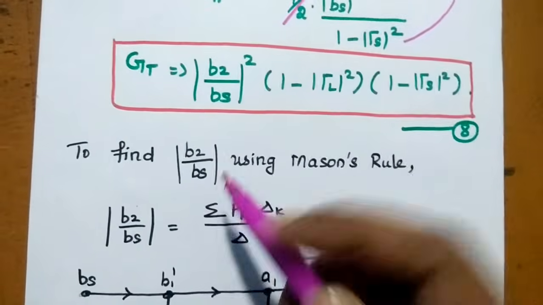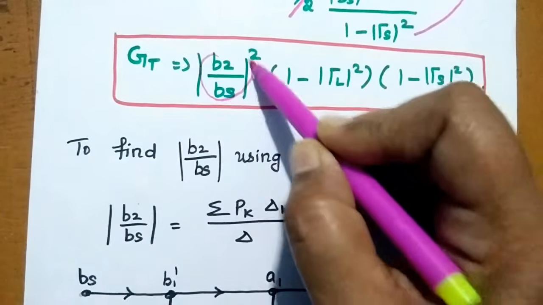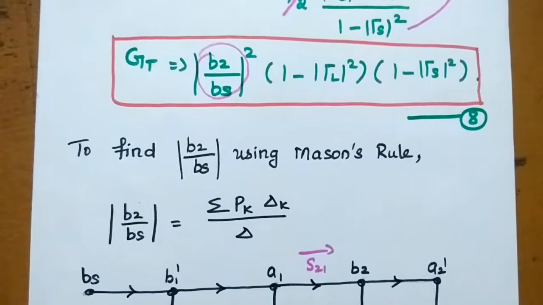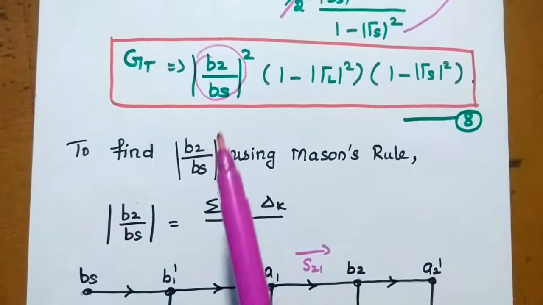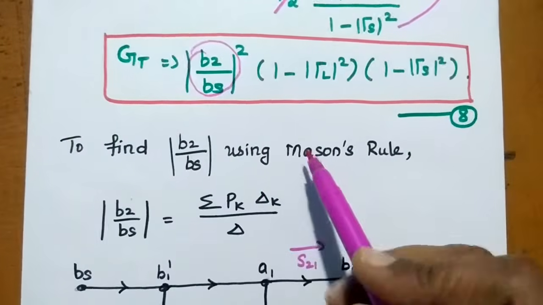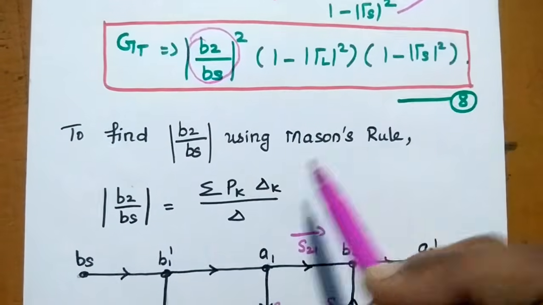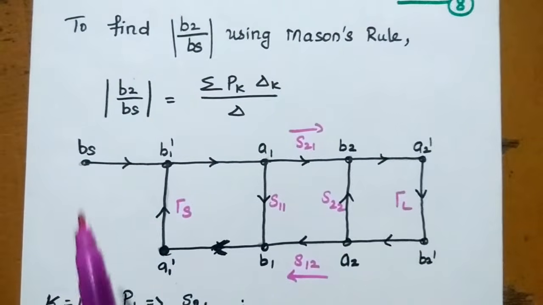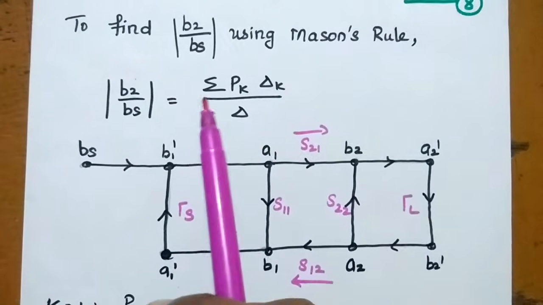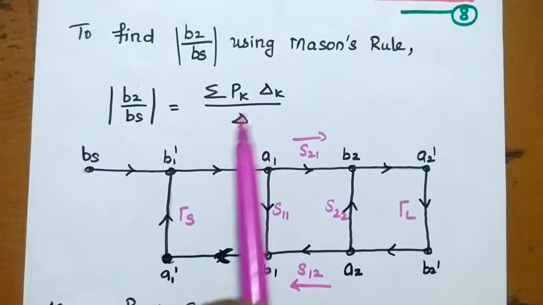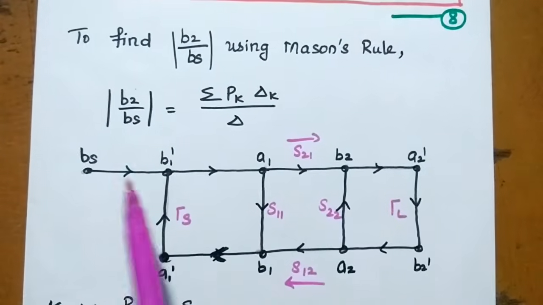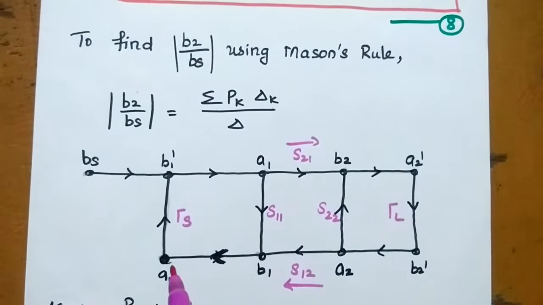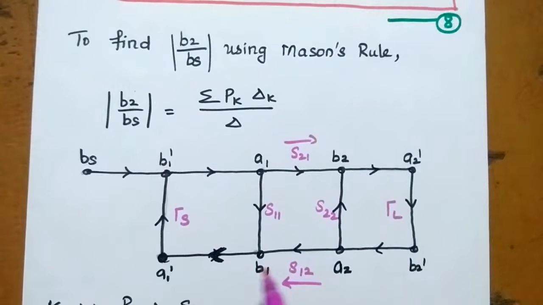Next we are going to find the ratio of B2 by Bs. For that we are going to use Mason's rule, Mason's power transfer rule. This is the formula: B2 by Bs is equal to summation Pk delta K by delta. Here we have to consider the signal flow graph.